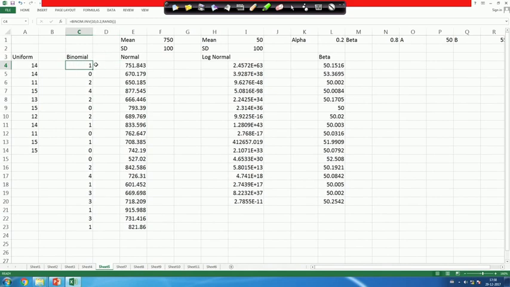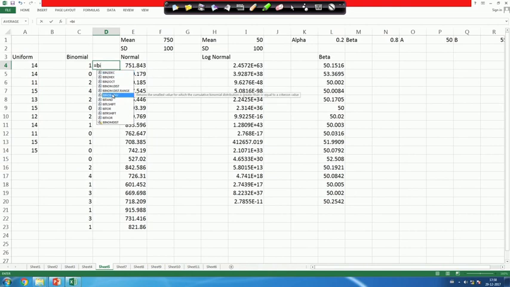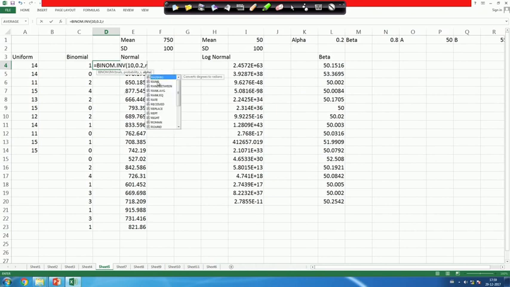You have to put a random value, otherwise it cannot be calculated. So put the equal to sign here, then put the binomial distribution inverse. It will ask you for the trials, which we put as 10 like the previous example, then the probability value, 0.2, and then the random value.